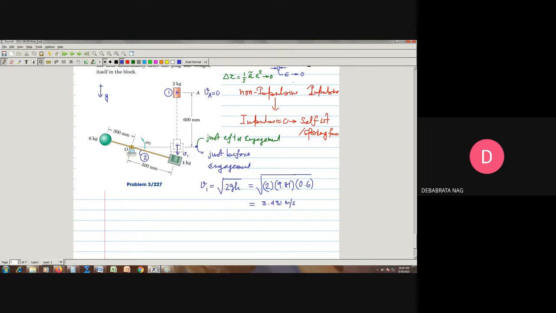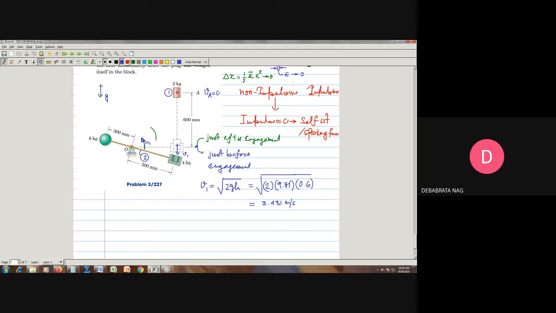And just after engagement, everything is expressed with the green pen. I painted this arrow with a blue pen because this is representing just before engagement.